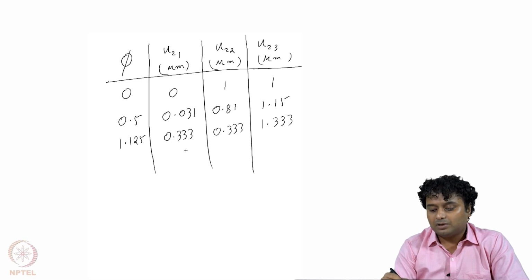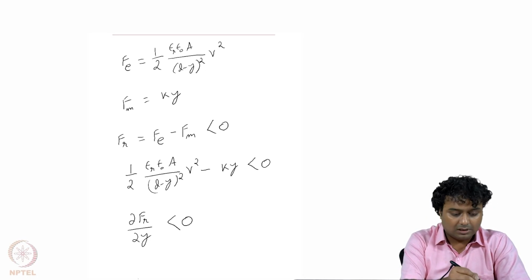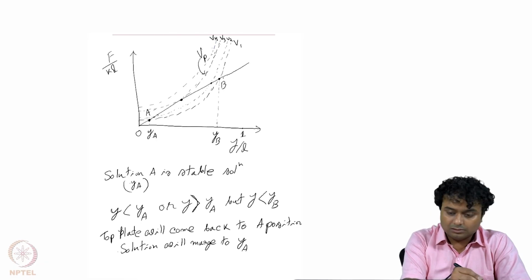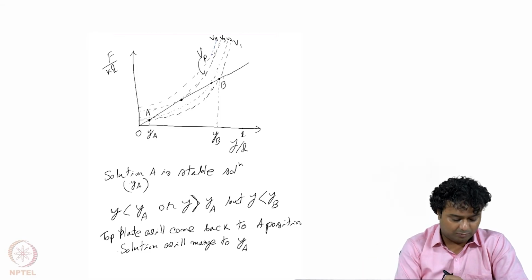In this case we are getting both roots as gap by 3, or g0 by 3. So this is the case of V3, or my Vp. From this root itself we can say that Vp is 1.125, but anyway we will derive that also. This is the case where the voltage is Vp, the pull-in voltage, and it is exactly touching at this point. So both the roots are merging at 0.3333, and the third root is anyway an impossible root.